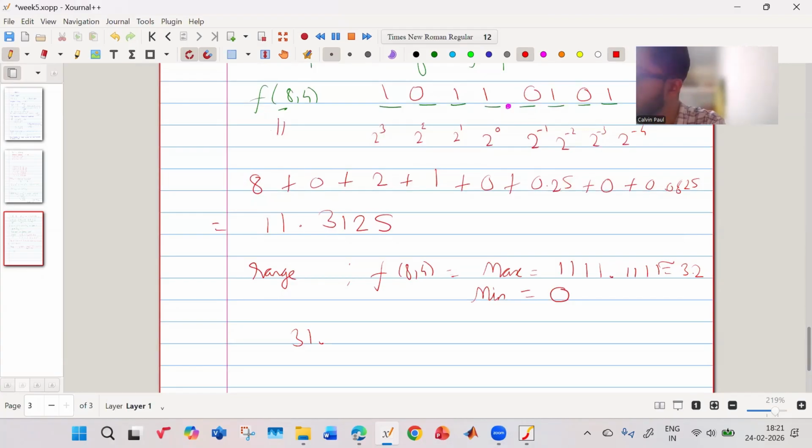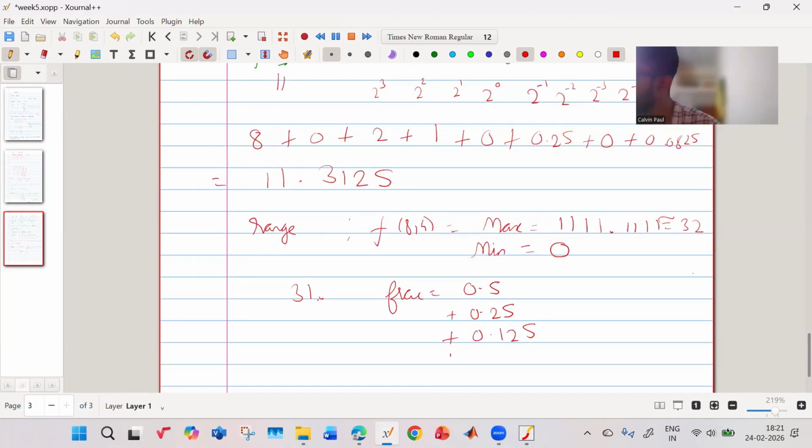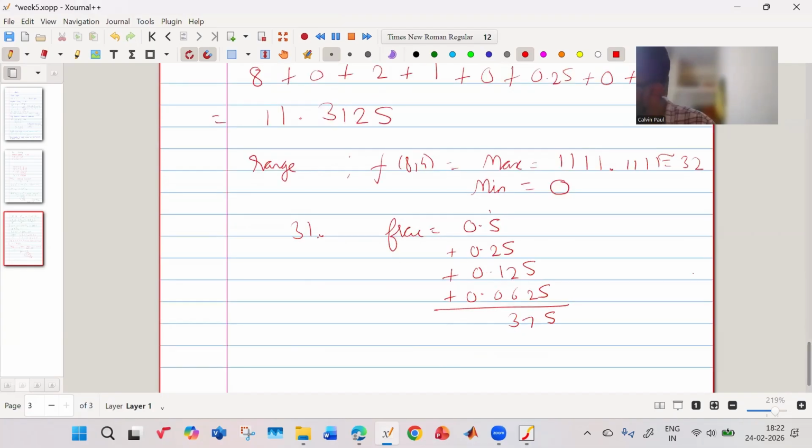So 31 is the integer part over here, and the fractional part will be 0.5 plus 0.25 plus 0.125 plus 0.0625. When you add the fractional part, it becomes 0.9375. So the range is actually from 0 to 31.9375 when you use this representation.